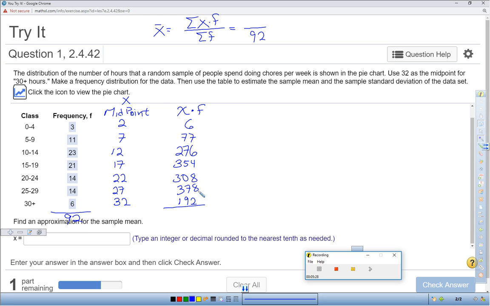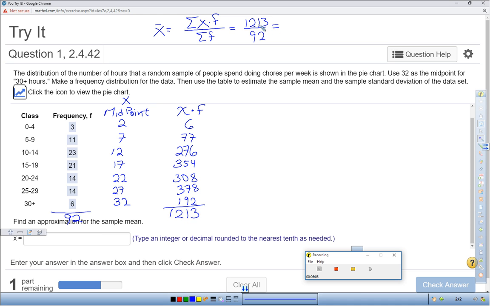So it's 6 plus 77 plus 276 plus 354 plus 308 plus 192. It gives me 1,213. So this is going to be in the numerator, 1,213.